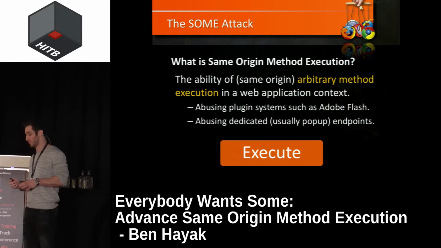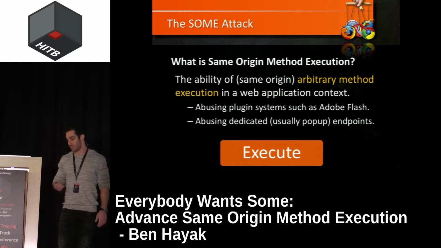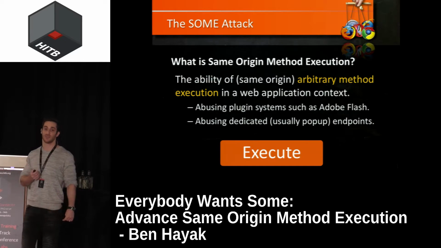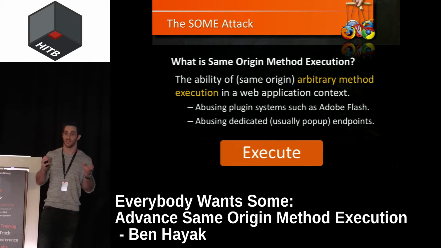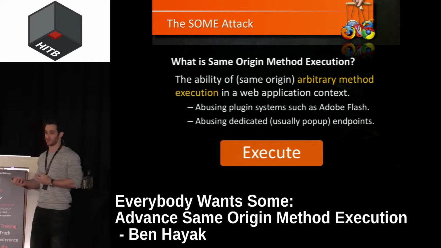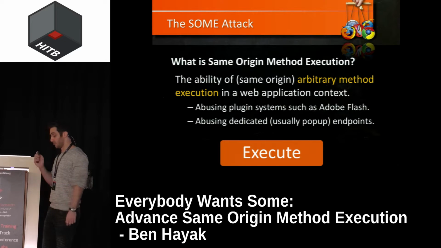Now we'll go a bit deeper into the details on why. So back to the first slide. The ability of arbitrary method execution, this is really important to understand. There was a lot of confusion because every time people see a callback parameter, they think, hey, maybe I have a SOME attack, and maybe I can get paid for this in bug bounties, or report the vulnerability to my client.